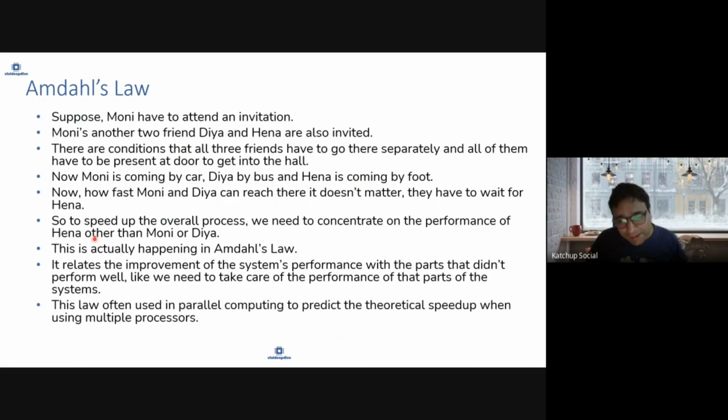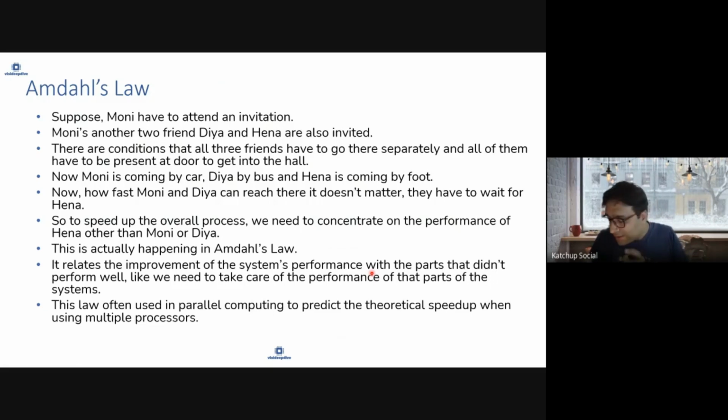It relates the improvement of system performance, which is in our case basically Hina. So, how fast can Hina go? She's coming by foot, so she's the slowest. How fast she can go, and then depending upon how fast she goes, how it impacts the overall reaching time or overall performance. Similarly, Amdahl's law relates to that.